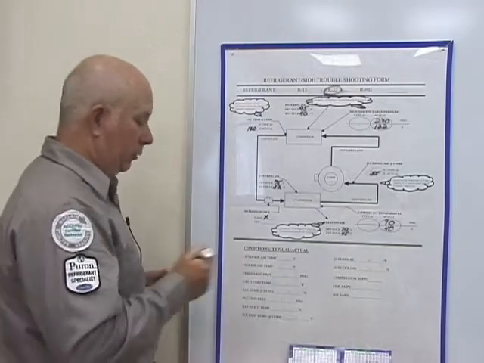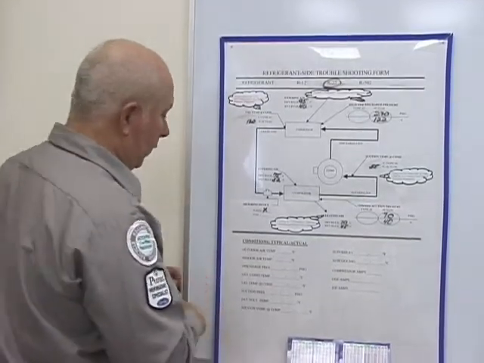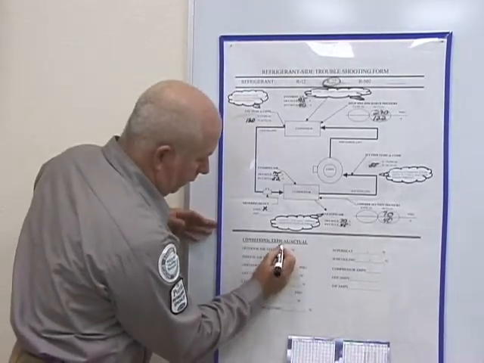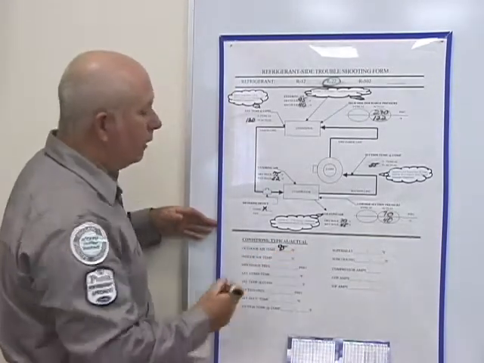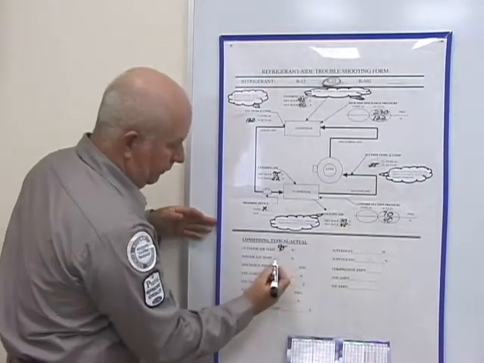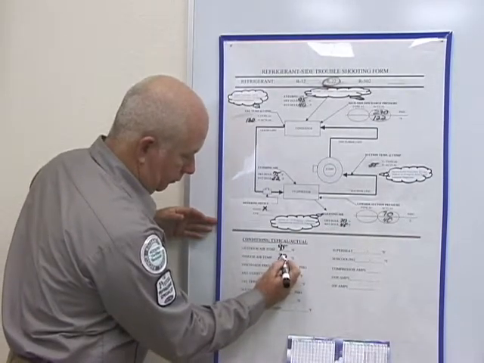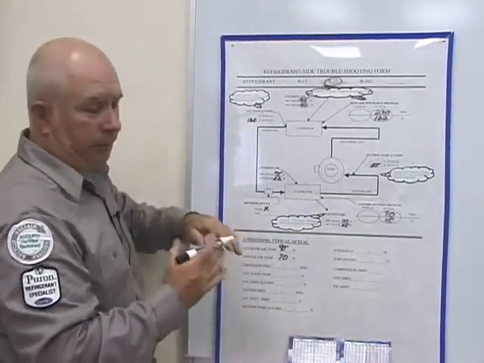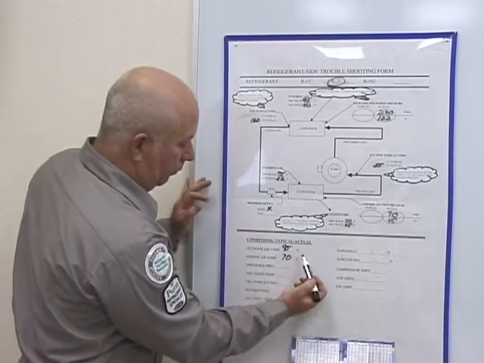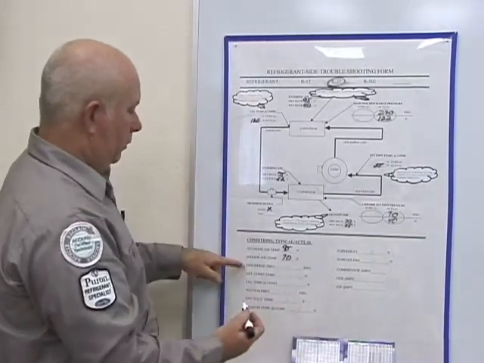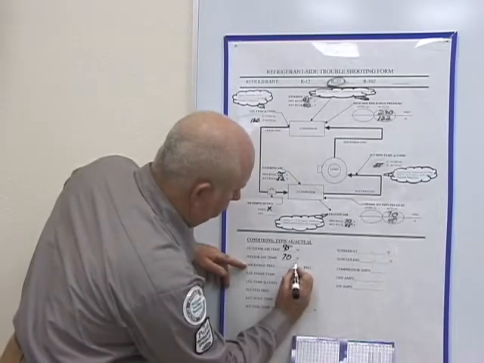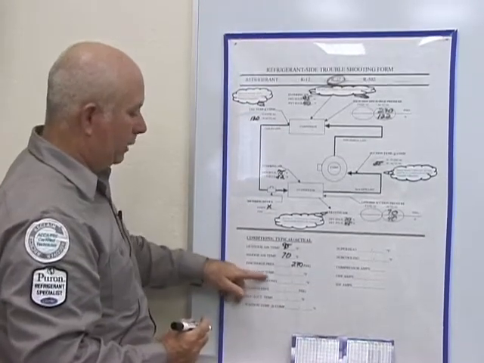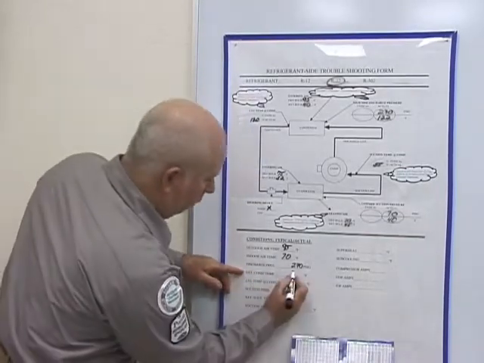So the first thing I want to do is come down to my sheet at the bottom and fill all this out. My outdoor air temperature is 95. My indoor air temperature is 70. My discharge pressure, now remember, everything else will be either typical or actual here, so I want to be over my far right side. Discharge pressure, 270 psi. My saturation condenser temperature, which is 122.